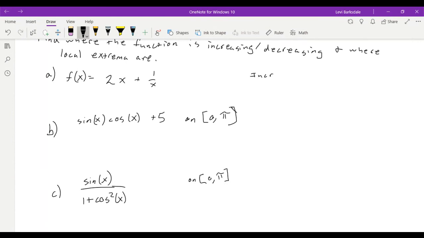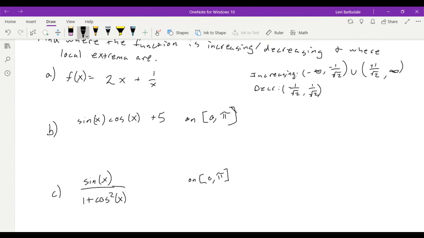First one is increasing on negative infinity to negative 1 over root 2, union positive 1 over root 2 to infinity, and then it's decreasing on negative 1 over root 2 to positive 1 over root 2.